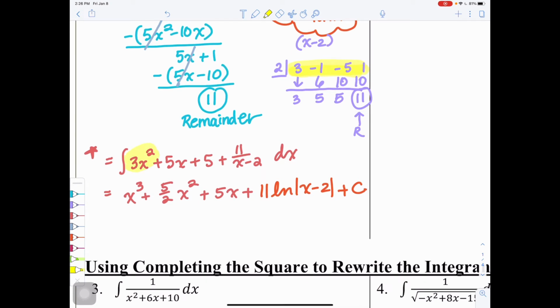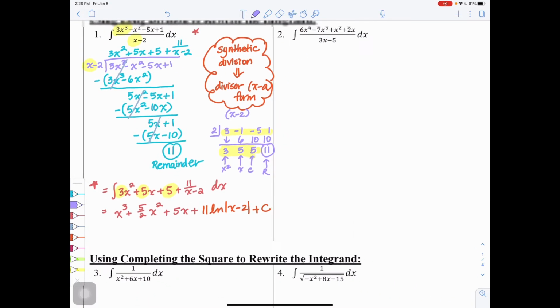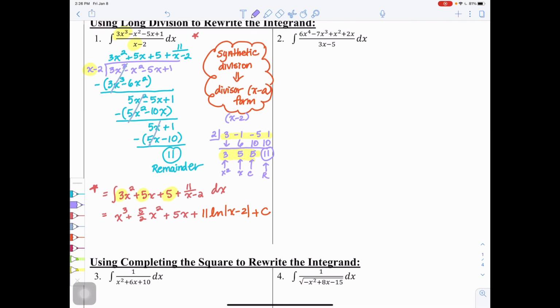Excuse me, not that 3. That represented a cubic. This represents a quadratic. So as you can see, that 3, that 5, and that 5 are our squared term, our x term, and our constant term. Same result, but you can only use synthetic division when you're in x minus a form.